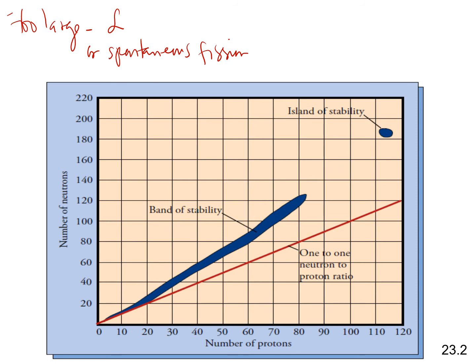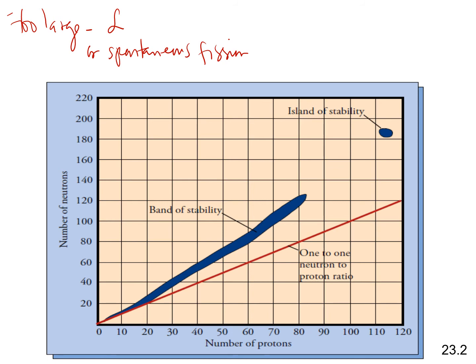If it's too small, meaning you have more protons, it can react with an electron to give you a neutron, or it could emit a positron. And as I said before, if the atom is in an excited state, it can emit a gamma ray.